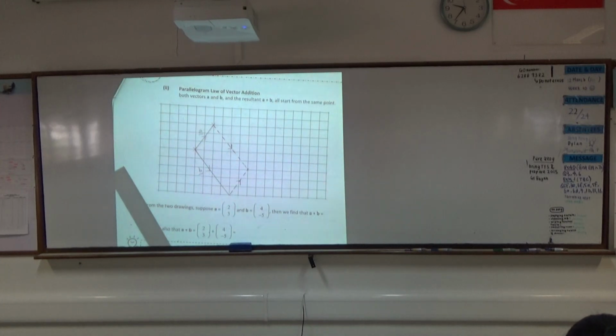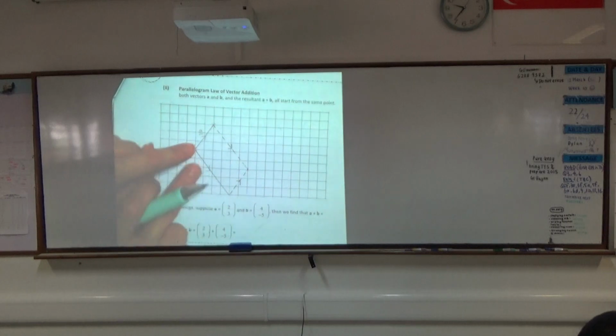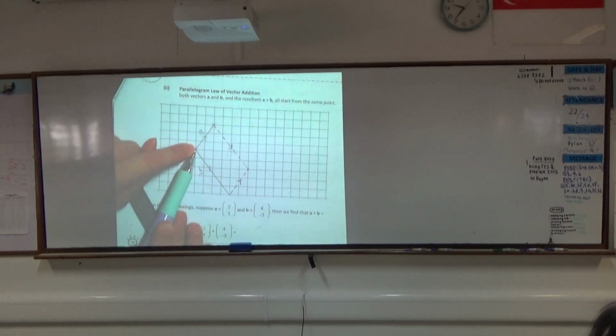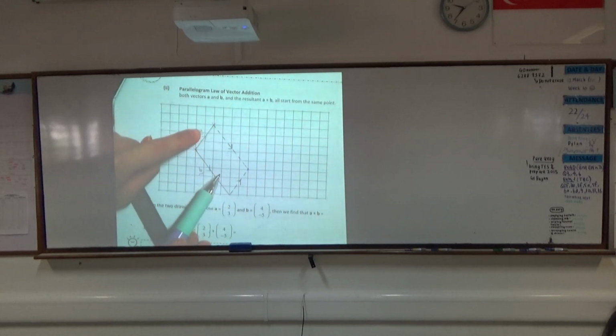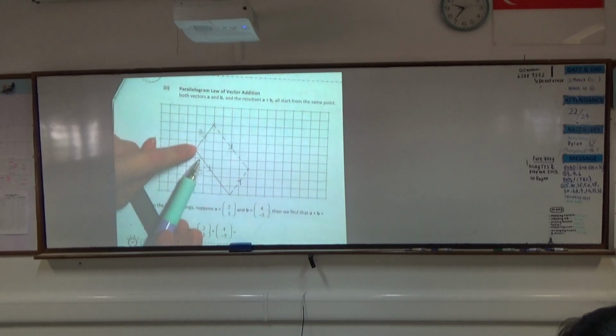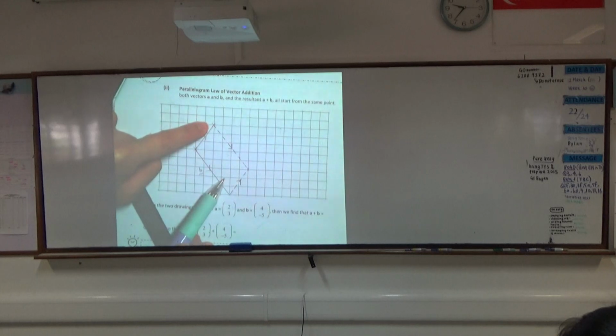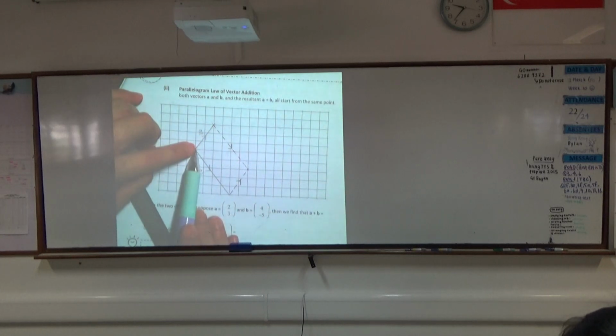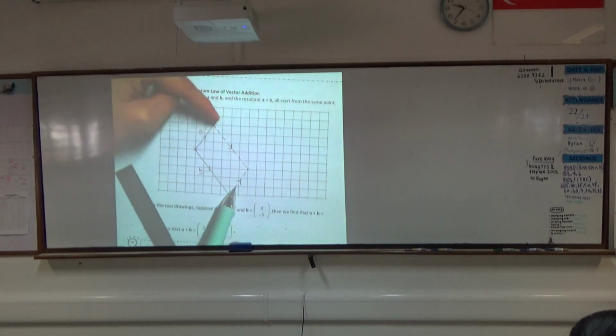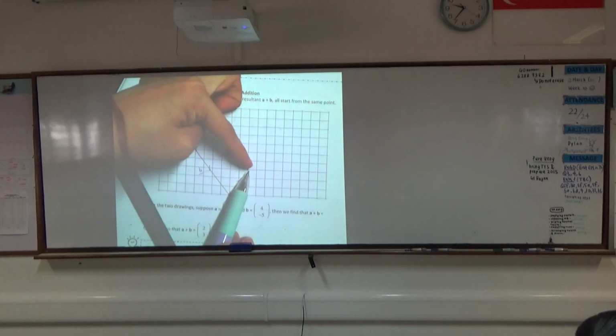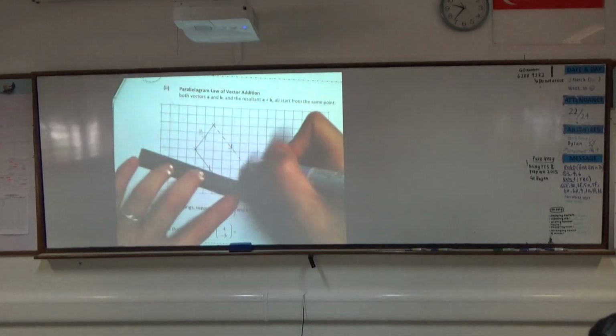The parallelogram law tells us that where it splits open, at this starting point where the two vectors are diverging, is the start point of the resultant vector. You all know the meaning of diverging and converging, right? Where the two vectors converge here will be the end point of the resultant vector.